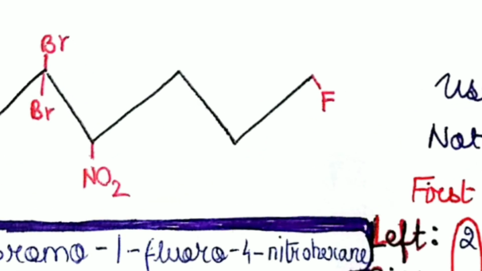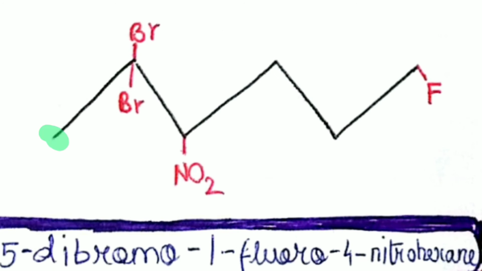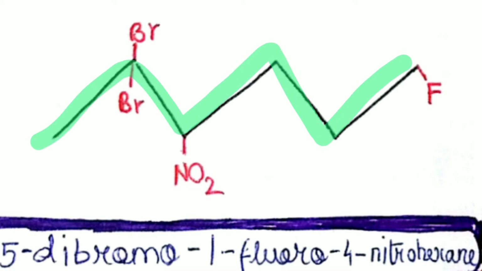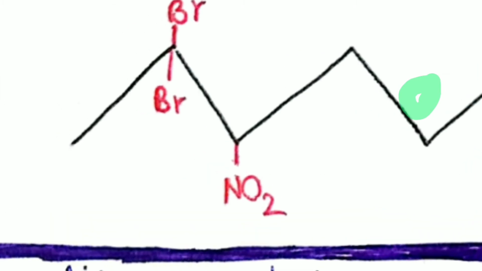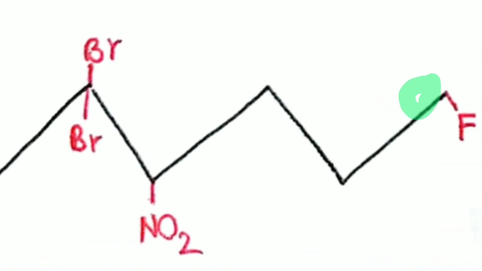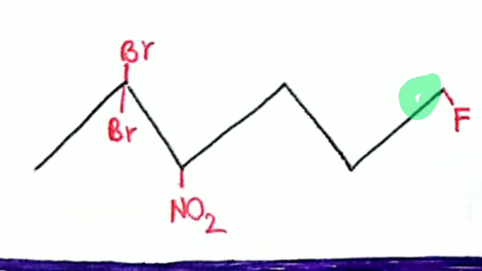Now the next example guys, we have a 1, 2, 3, 4, 5, 6 carbon principal carbon chain consisting of 2-bromo 1-nitro and 1-fluoro group attached to it. So now we have to name this compound, and again we have to decide whether to number from the left or from the right.